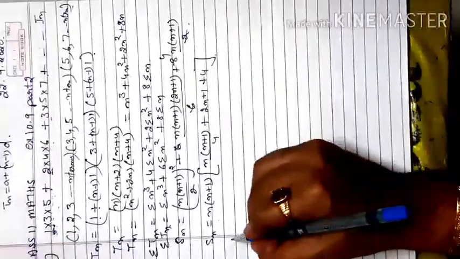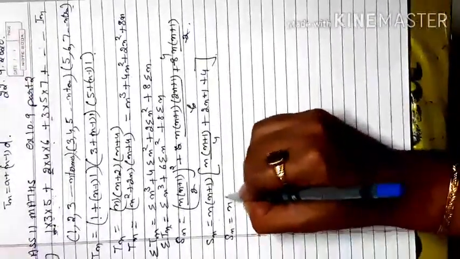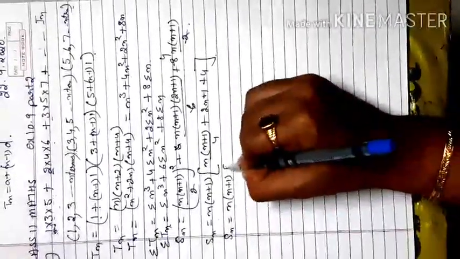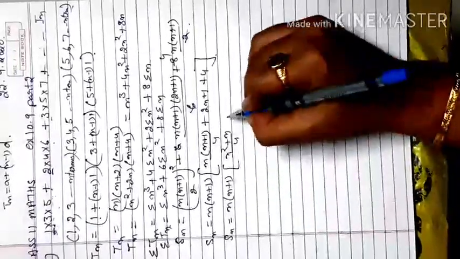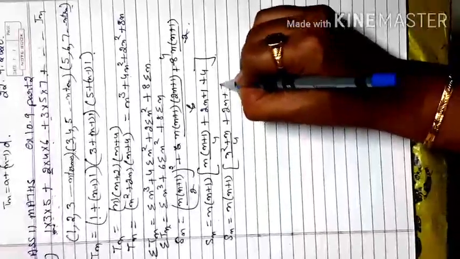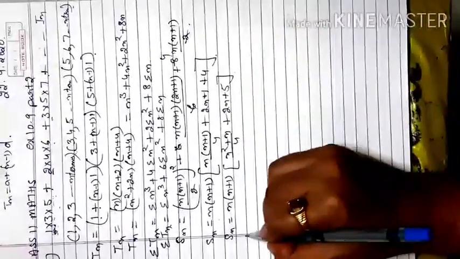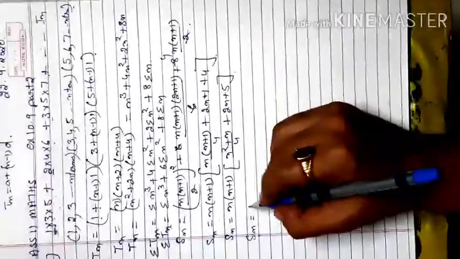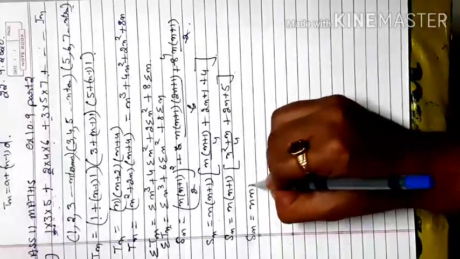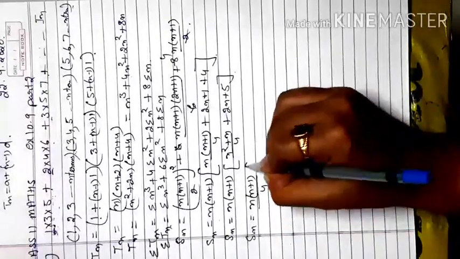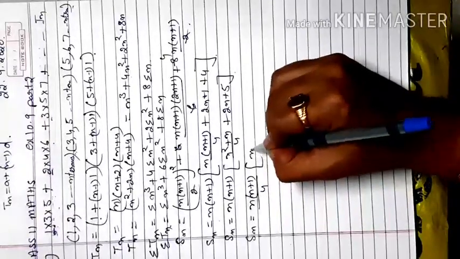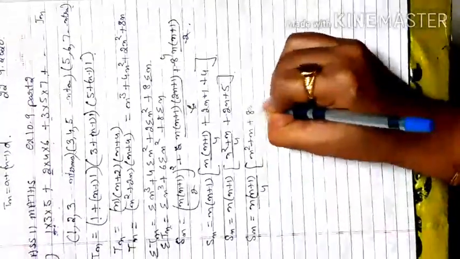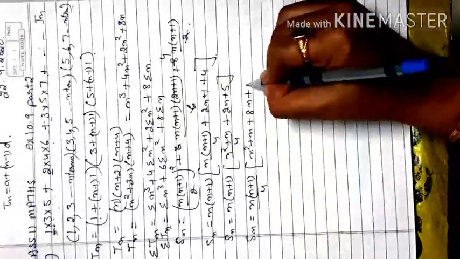When you combine the terms, the sum of n terms is n into n plus 1, so that is n square plus n by 4 plus 2n plus 5. Further, when you solve this, we take LCM 4 and take it out. So inside will be n square plus n plus 8n plus 5 fours are 20.